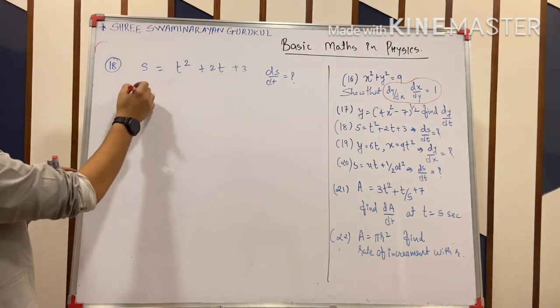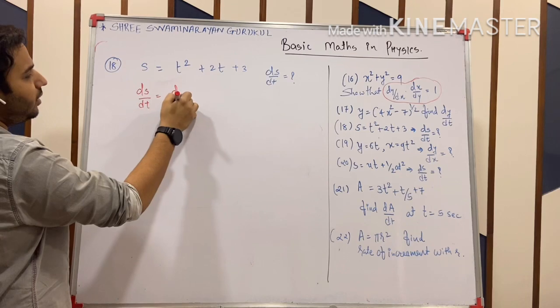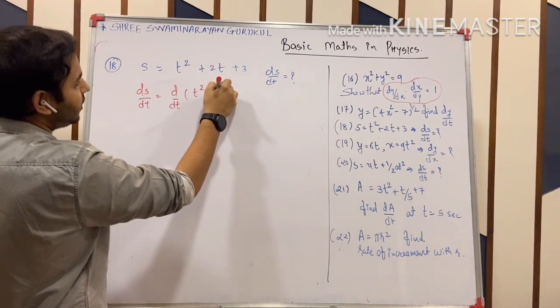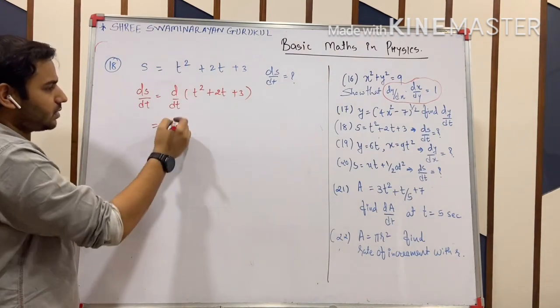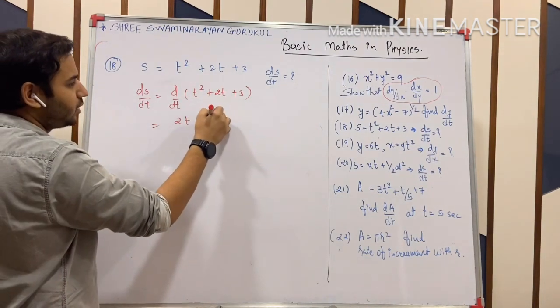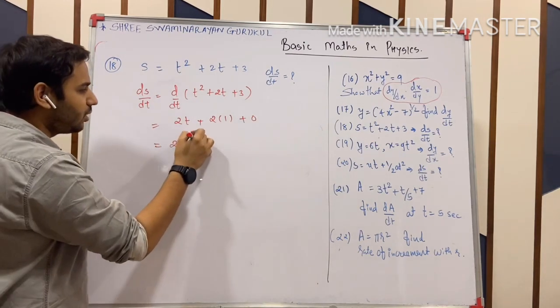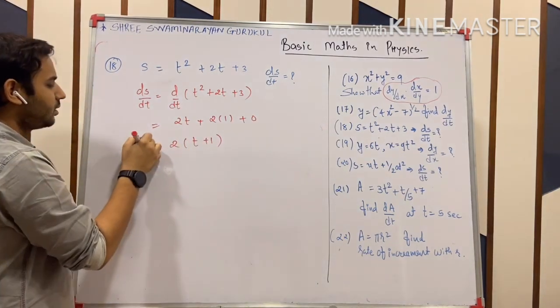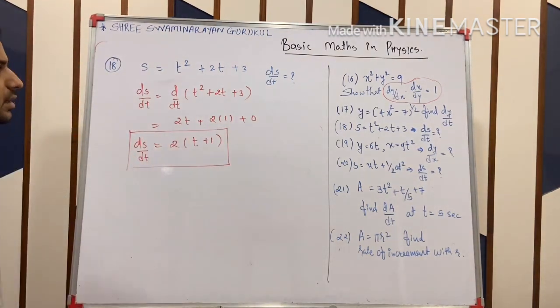So your answer is ds upon dt is equal to d upon dt of t square plus 2t plus 3. Differentiation of t square is 2t, 2 into 1, plus 0. Final answer: 2 common, t plus 1. ds upon dt. Okay, done?